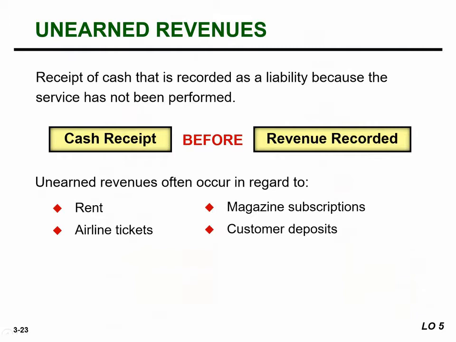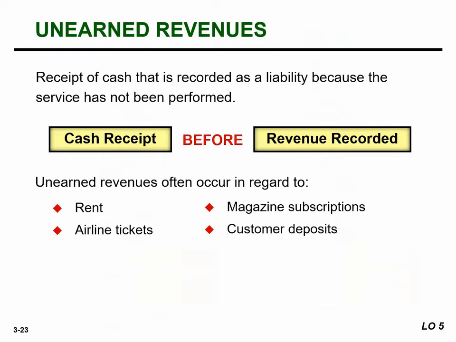Now let's check the second type of adjusting entry, which we call unearned revenues. In this type of adjusting entry, we have a cash receipt.